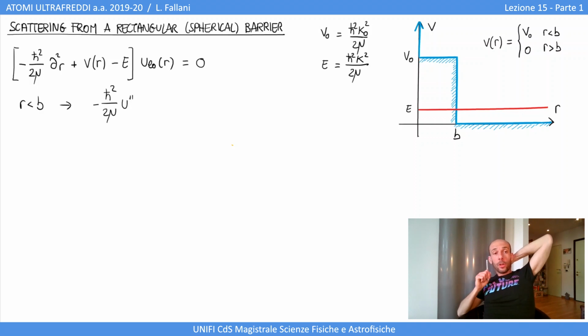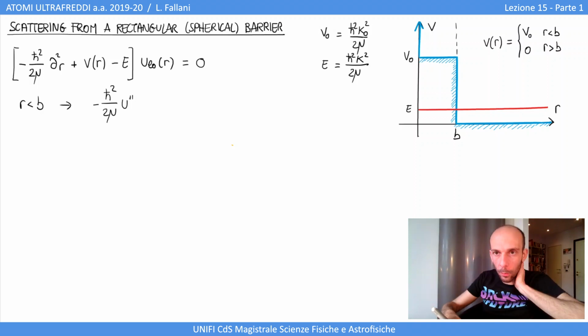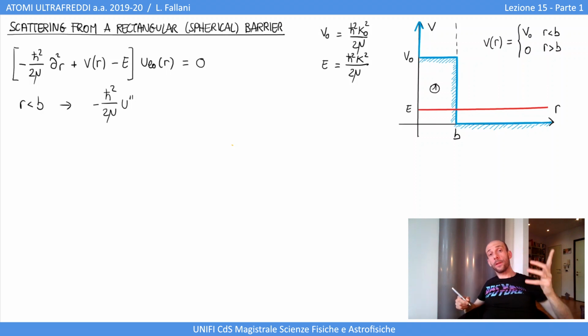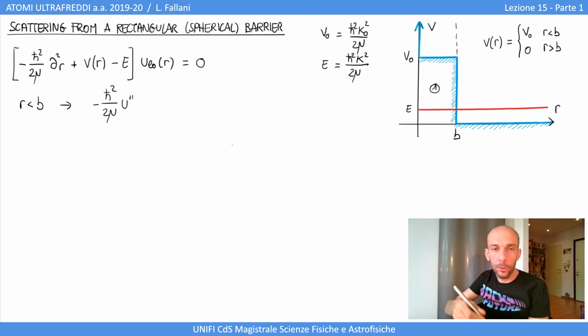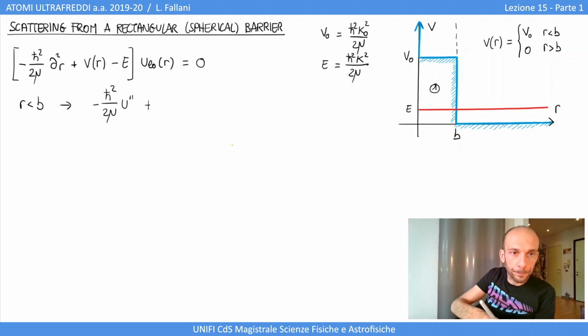So the potential in this region, so for r smaller than b, let me call it region 1, is given by v0. And so we can parameterize v0 with k0, with this wave vector that I have indicated here on top. And so we can write the potential simply as h bar squared k0 squared divided by 2 mu, minus the energy, and also the energy can be parameterized in terms of the wave vector k.